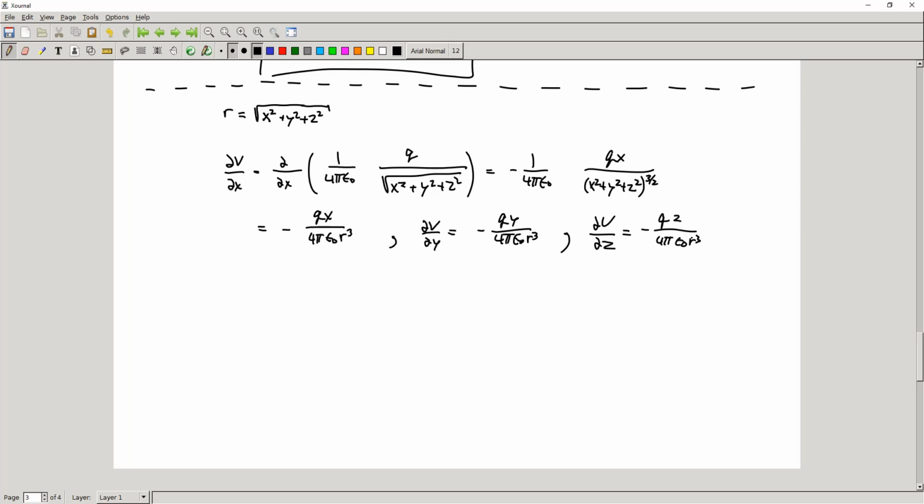And so we could collect all these up and put them into our expression for the electric field, right? This is just substituting back into equation 23.20.